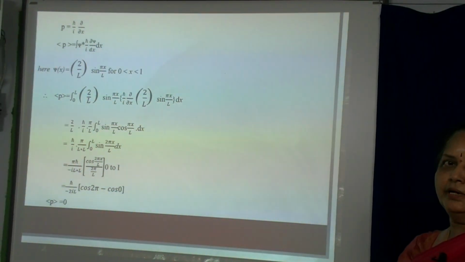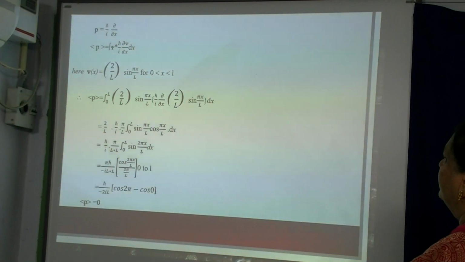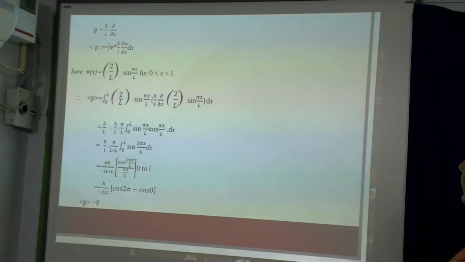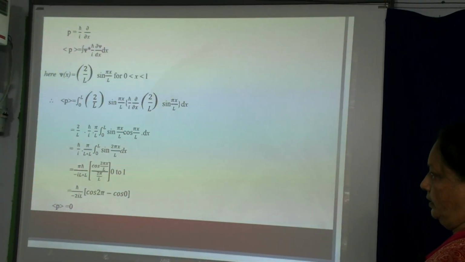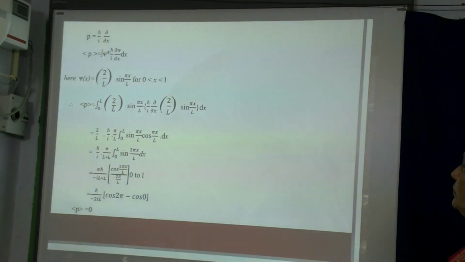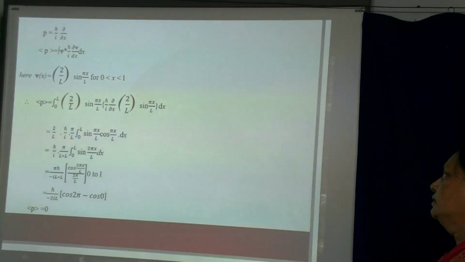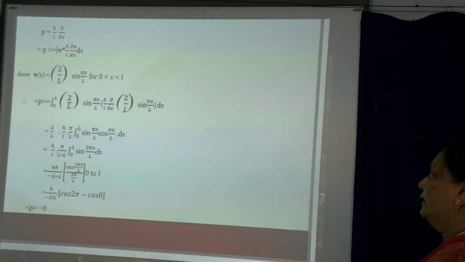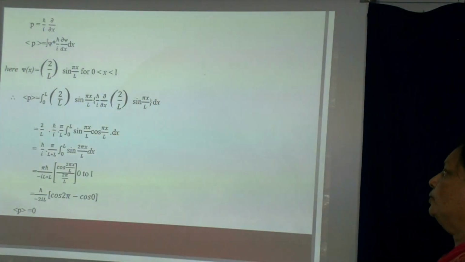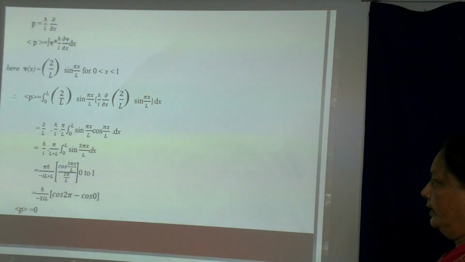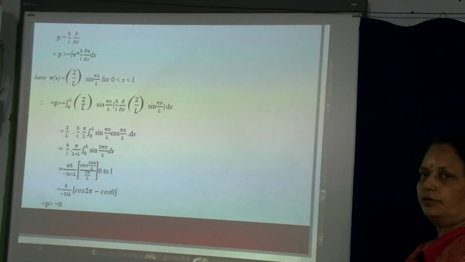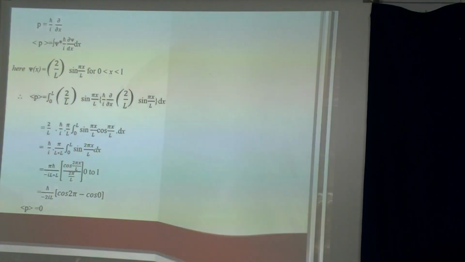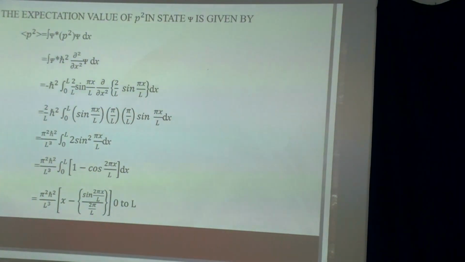Let us integrate in the limit 0 to L. When you integrate, we will get cos 2 pi x by L divided by 2 pi by L. Let us give the limits as 0 and L. If you substitute, we will get cos 2 pi minus cos 0. Therefore, you will get 0. So P equal to 0. Therefore, the expectation value of the momentum is 0.